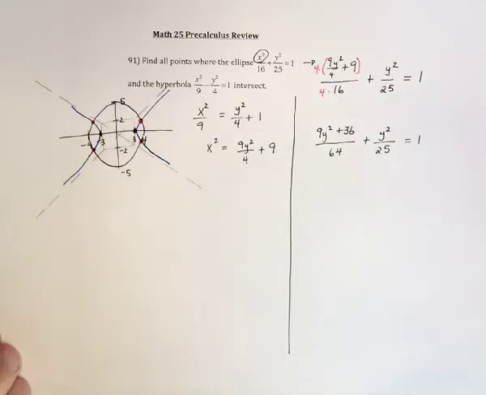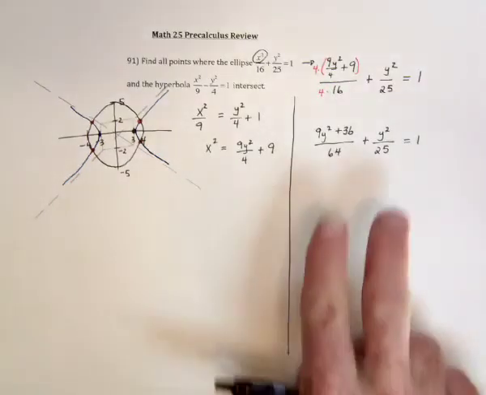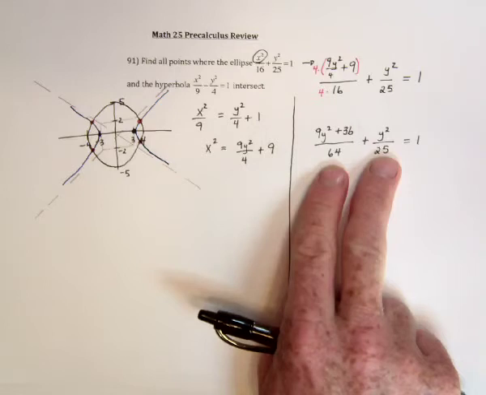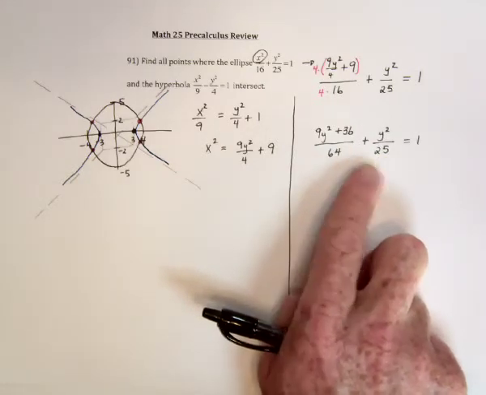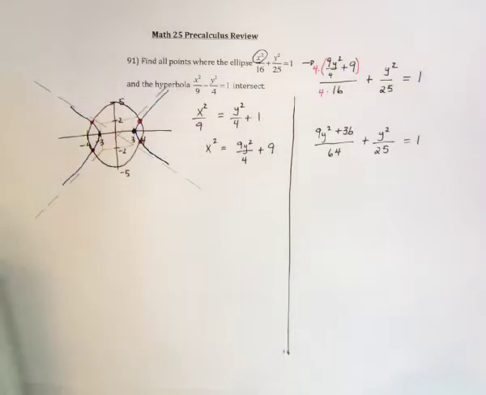All right, then we could even simplify this one by finding the least common denominator for a 25 and a 64, which is pretty easy to do because this is made up only of 2's, this is made up only of 5's, so they have nothing in common. That means the least common denominator is going to be 64 times 25.